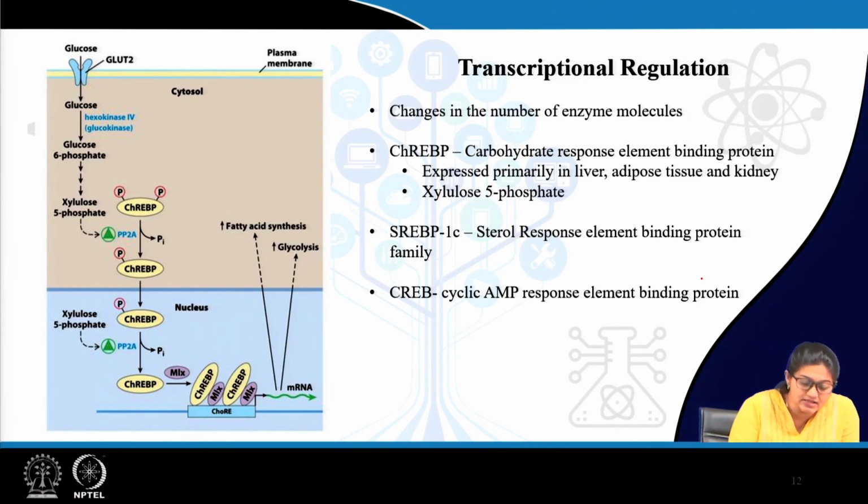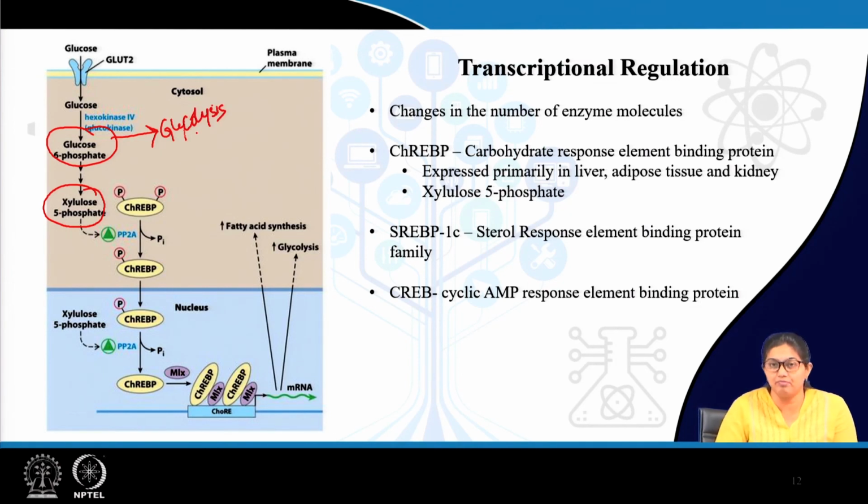You can see here xylulose 5-phosphate is one such signal molecule which can activate the transcription of different enzymes, and this xylulose 5-phosphate comes from the HMP shunt. Remember, when there is excess glucose, it enters the cell and is converted to glucose 6-phosphate. This glucose 6-phosphate can go towards glycolysis as well as enter the HMP shunt.